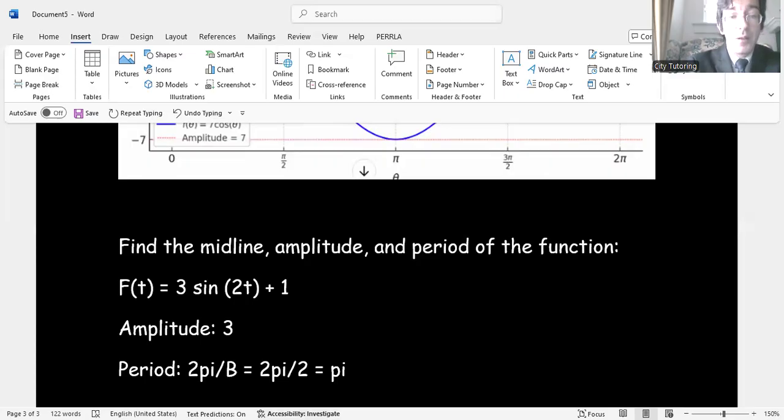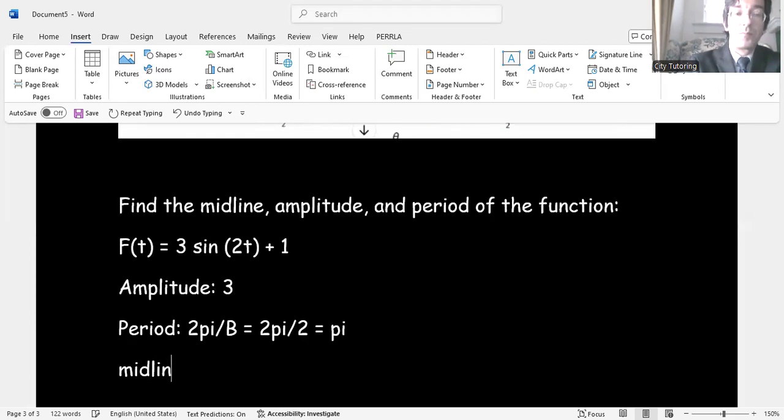That's the period. And now the midline here is the plus 1, right? So that would be g of t equals 1.